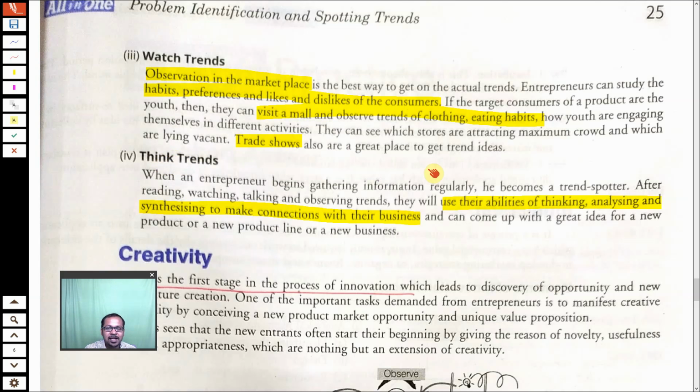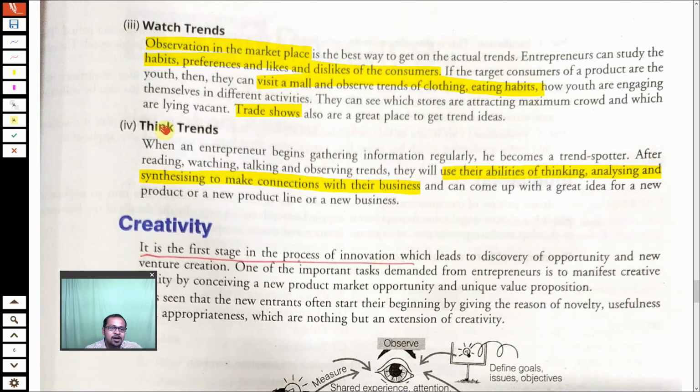So think trends. A businessman can use his or her ability of thinking, analyzing, and whatever knowledge and sixth sense or some intuition he is having, he can think about what could be the future, and this is very important. So through this way also you can have information about the trends.